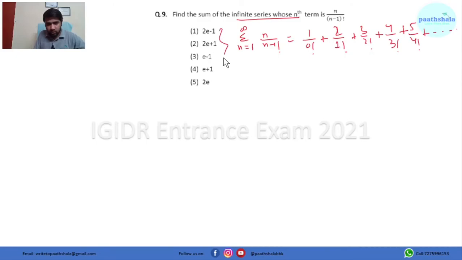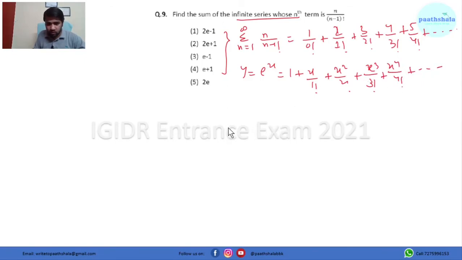Now look at the choices. You have choices in the form of e, so definitely we have to use the exponential. Let's say y equals e to the power x. This exponential expansion is 1 plus x upon factorial 1 plus x square upon factorial 2 plus x cube upon factorial 3 plus x power 4 upon factorial 4, and so on.